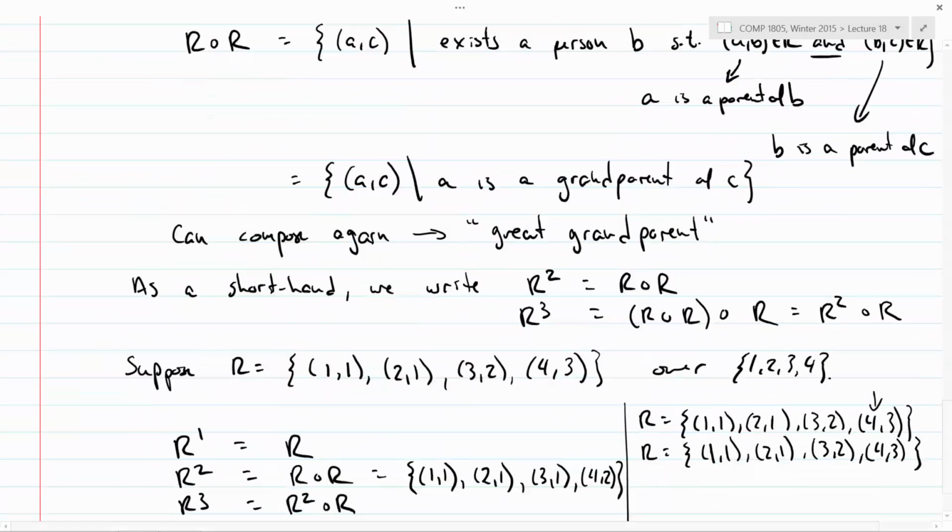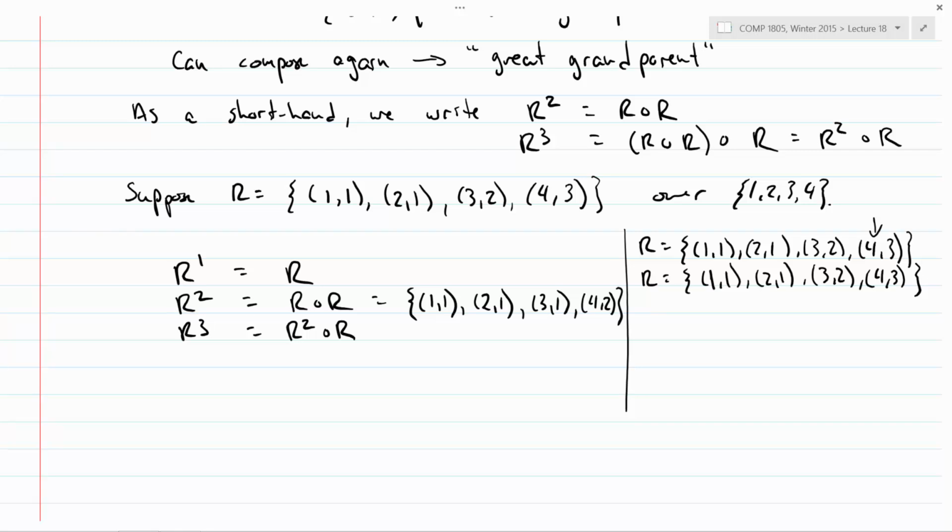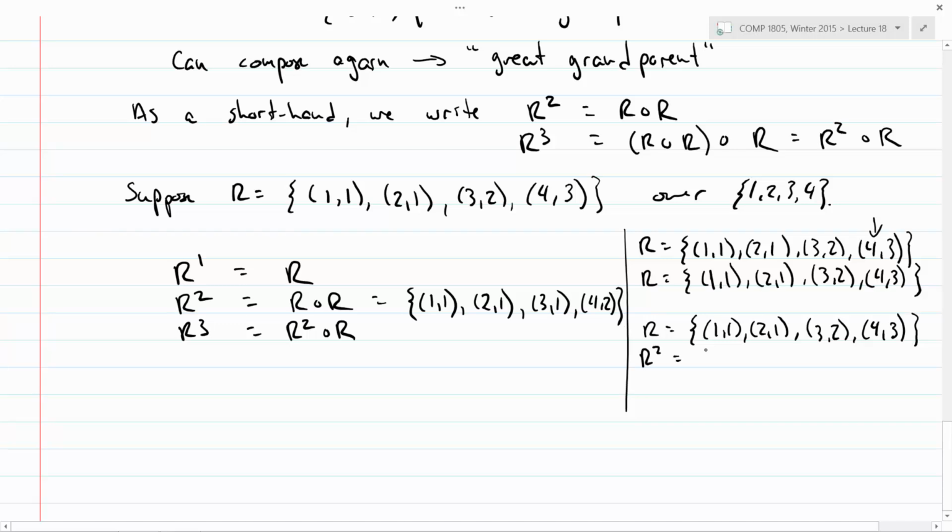So, in this one, I have R squared follows R. So R should be on top, and R squared should be on the bottom. So R squared, I just copy from over there. It's (1, 1), (2, 1), (3, 1), (4, 2).